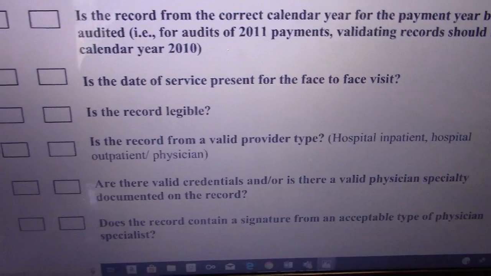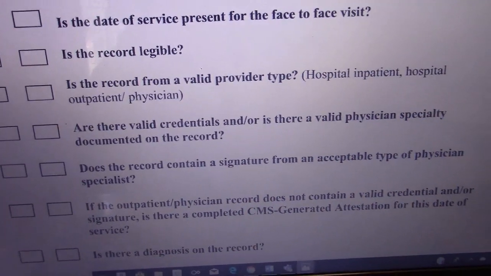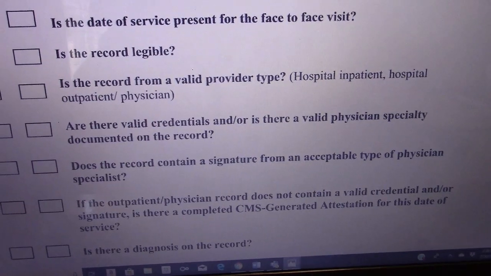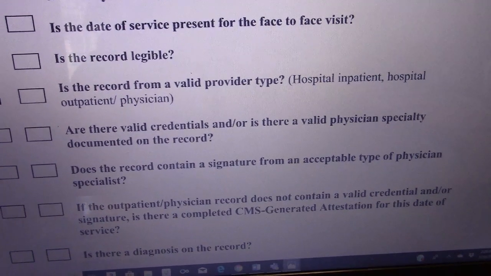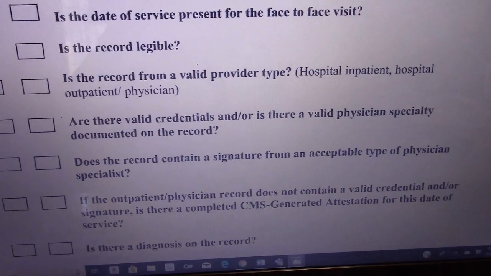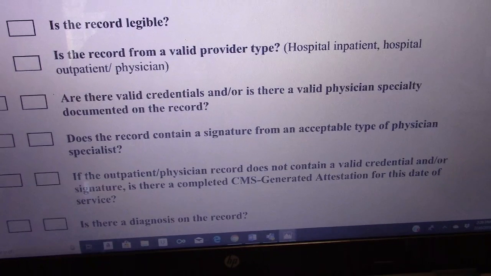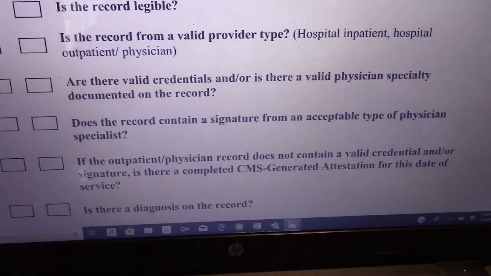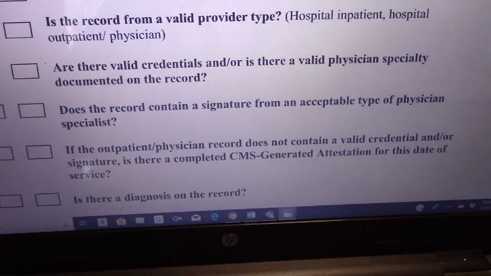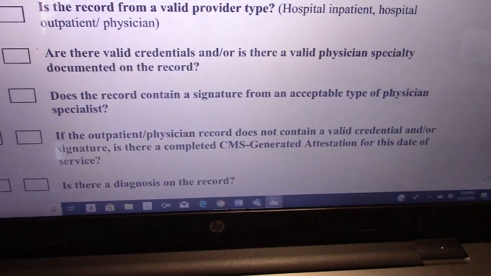Is the record legible? Is the record from a valid provider type? Hospital inpatient, hospital outpatient, and physician. Are there valid credentials and/or is there a valid physician specialty documented on the record?